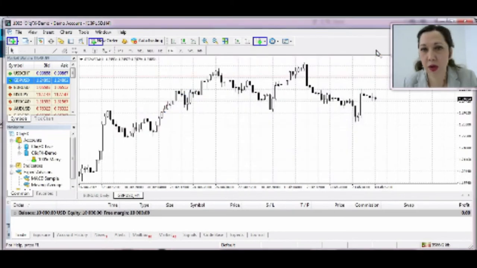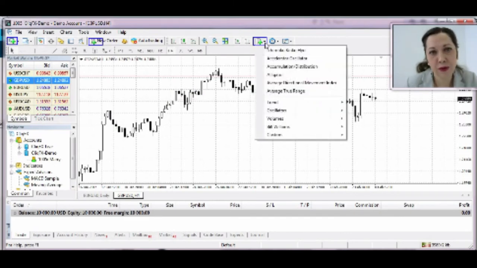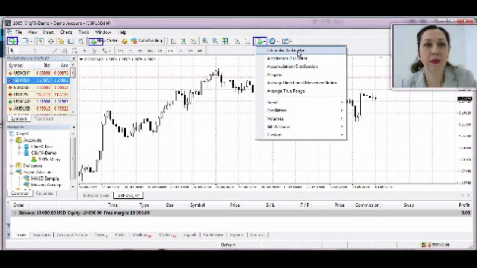This is the second green cross, and we also have the last one. It says indicator list. I open it, and you can see there are lots of indicators here, the most popular and most beautifully looking, checked and polished over a very long period of time. There is a history behind these indicators.